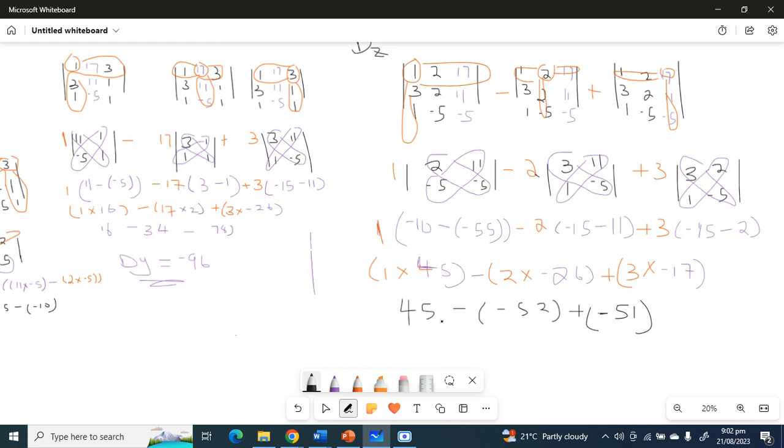Okay. So 45 plus 52, these negatives make positive. 45 plus 52 minus 51.